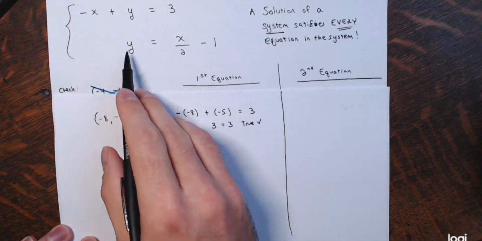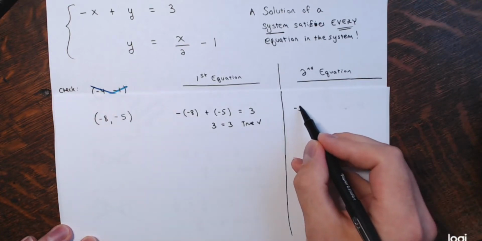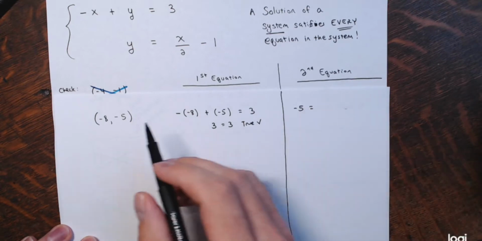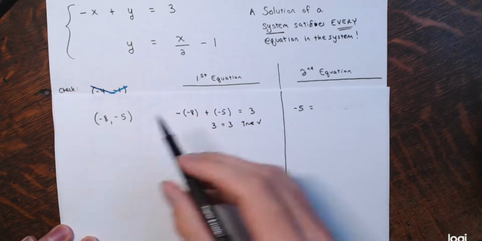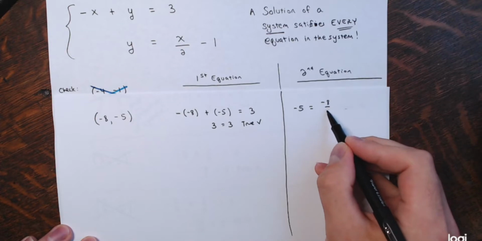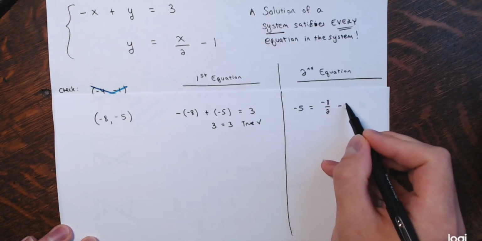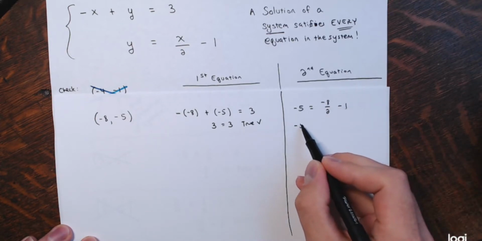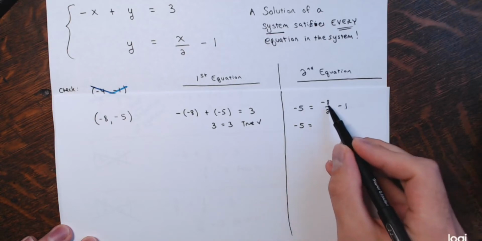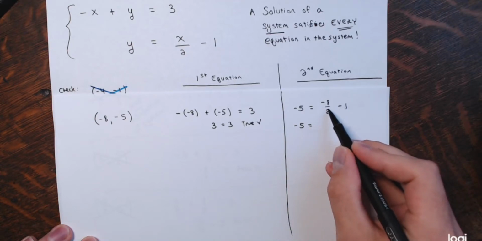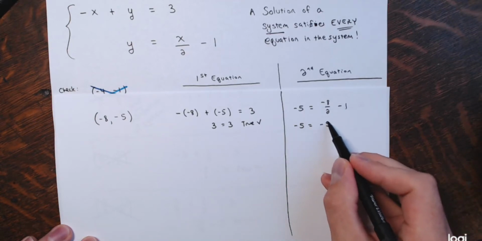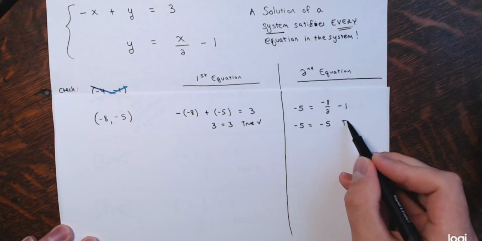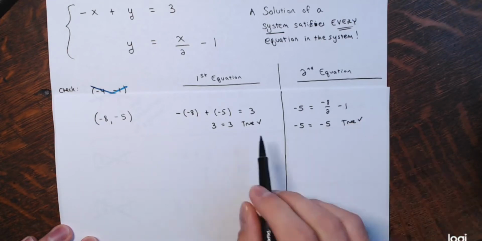So I replace y with negative 5. So I have negative 5 on the left equals x divided by 2, negative 8 divided by 2, and then minus 1. On the right side, negative 8 divided by 2 is negative 4. Negative 4 minus 1 is negative 5. Great, negative 5 equals negative 5. That's also true. So here we go.